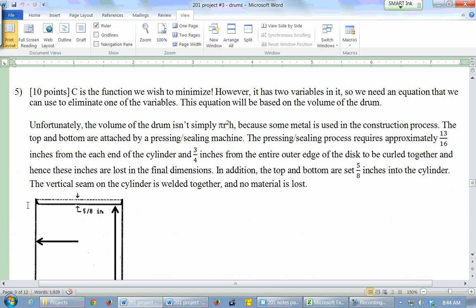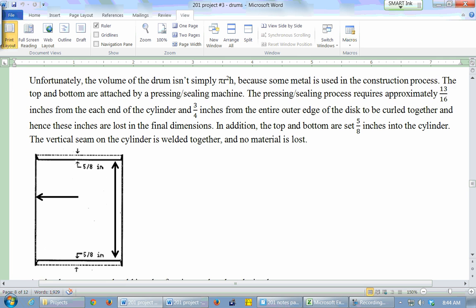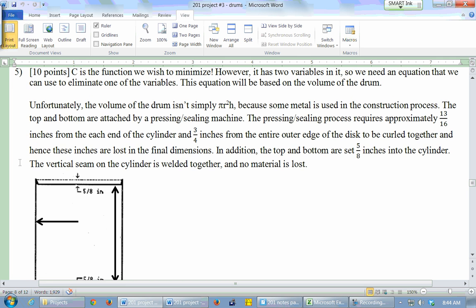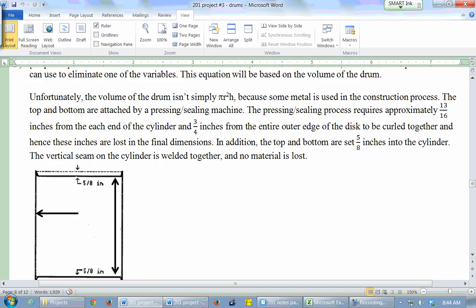I actually told you at the end of the project. So here it is in number 5. We say, unfortunately, the volume of the drum isn't simply pi r squared h because some of the metal is lost in the crimping together process. And because we take this lid and we set it down into the barrel a little bit, you lose a little bit of height, you lose a little bit of radius. So we are going to take into account the volume lost in the construction process.